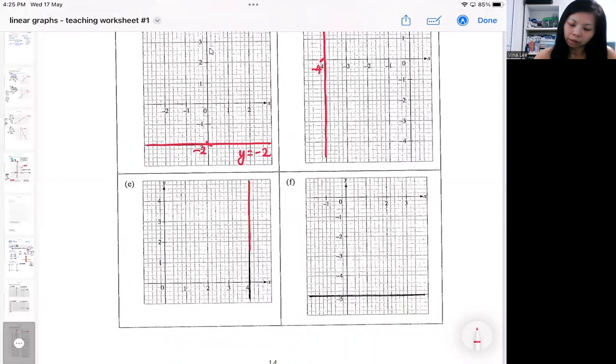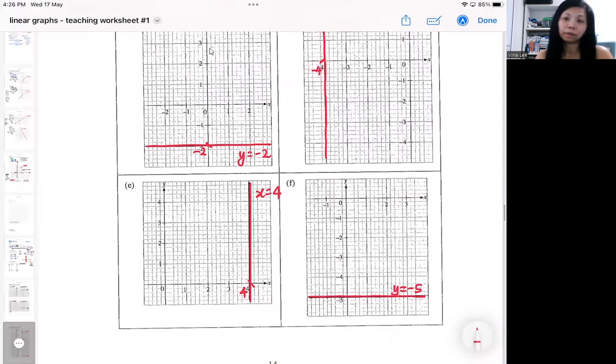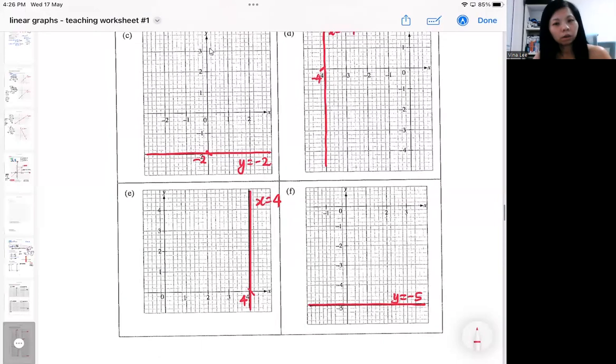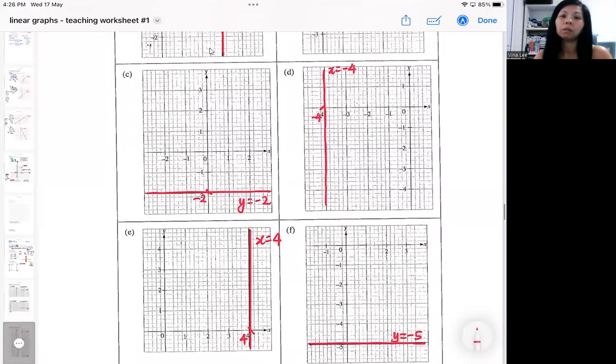Here is a vertical line that cuts at 4, so I will also be able to guess the name. By the look of the line, we can also guess the name. Here, this one will be y equal to -5. Vertical line and horizontal line should be easy to tell.